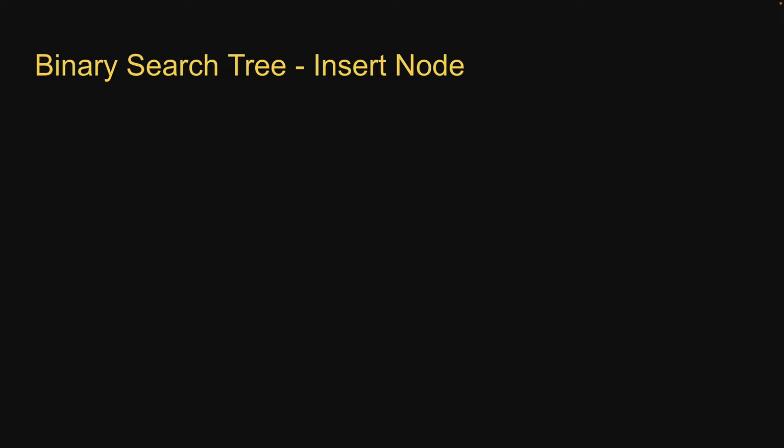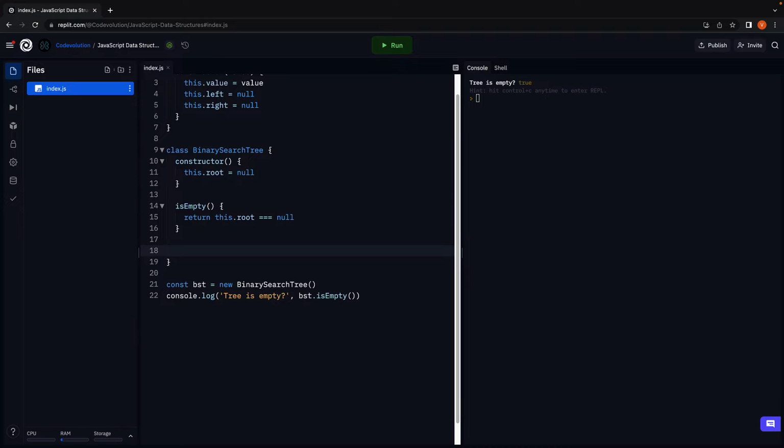Step 1, we have to create a new node that will be added to the tree. A node will contain a value and 2 pointers pointing at null. Let's go back to Replit and start with this. Let's call the method insert, which accepts a value that the new node should contain.